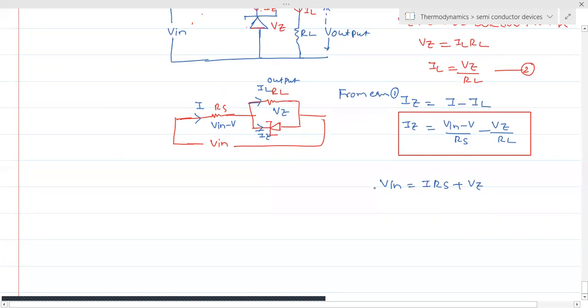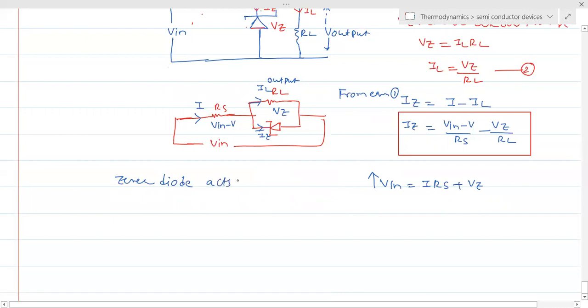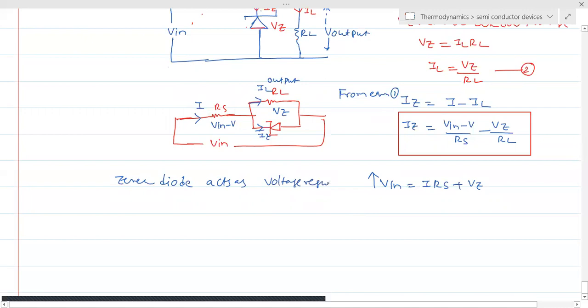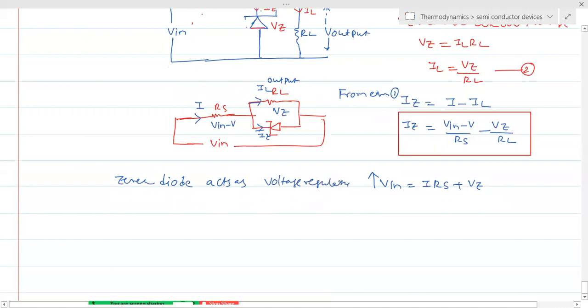Now we are seeing how the Zener diode acts as a voltage regulator. Suppose all of a sudden the input voltage increases in our home.